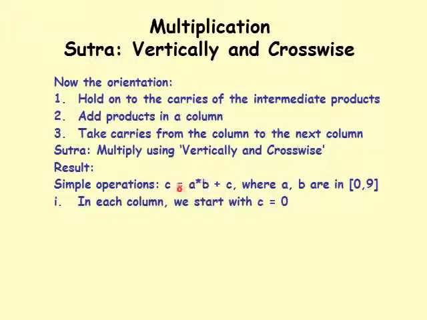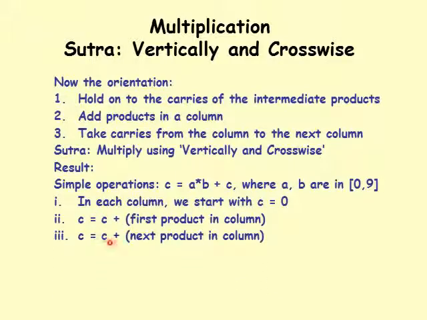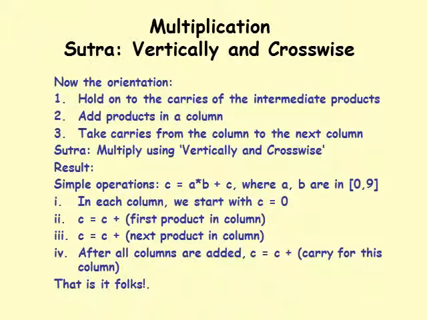Simple operation. After we compute C, we remember C and forget about the right side, where A and B are single digits between 0 and 9. In each column we start with C equals 0. Then we do C equals C plus first product, C equals C plus next product, and when all the products in a column are added, then we add the carry.